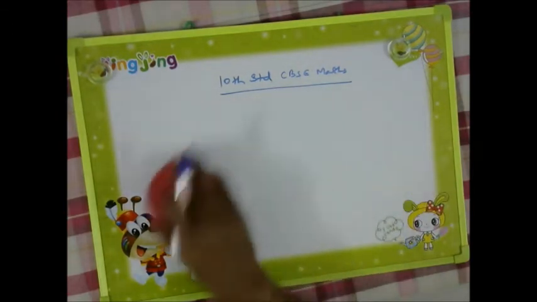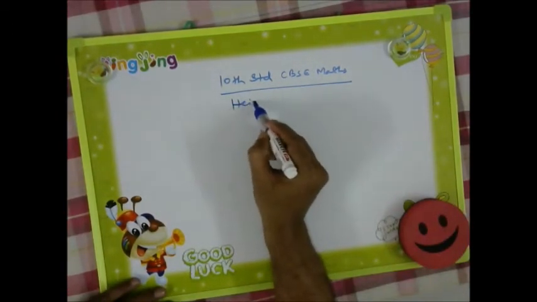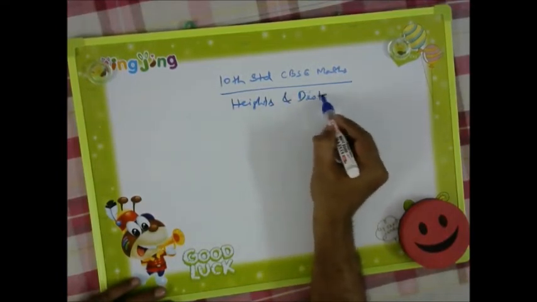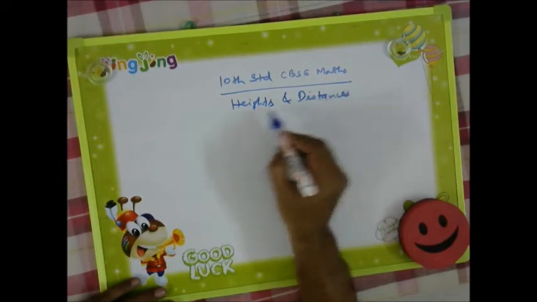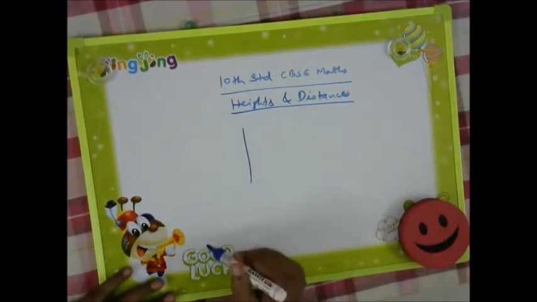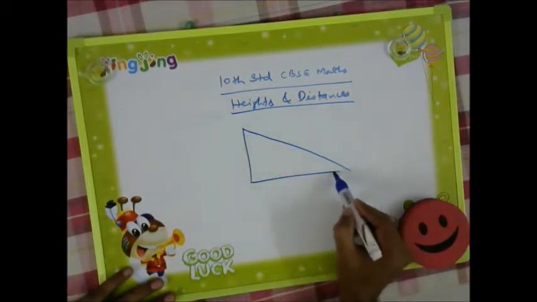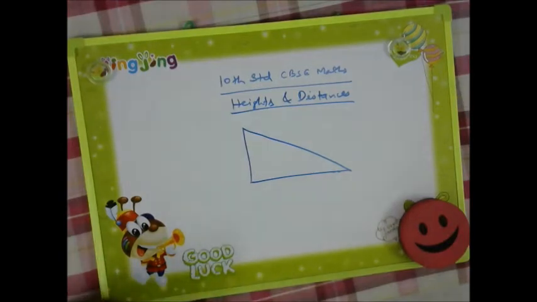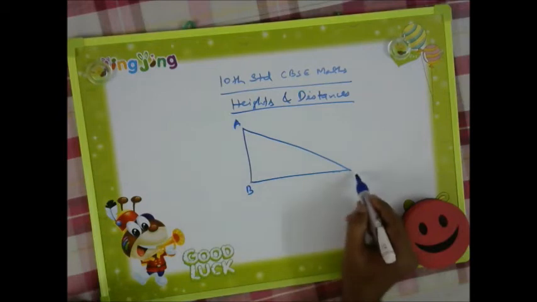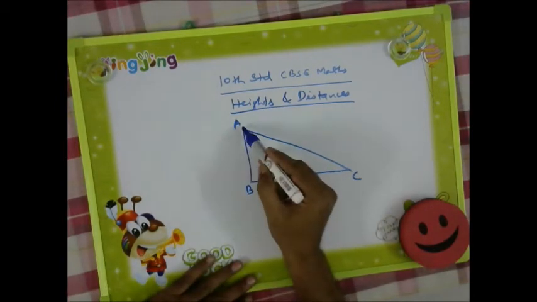So in heights and distances, suppose you take a triangle, and this is a triangle you have created, A, B and C. So height means, suppose AB.